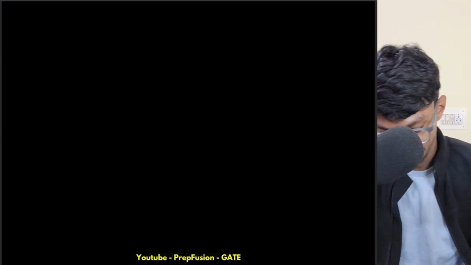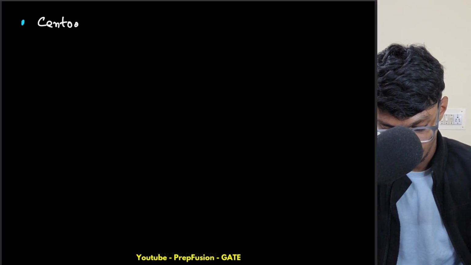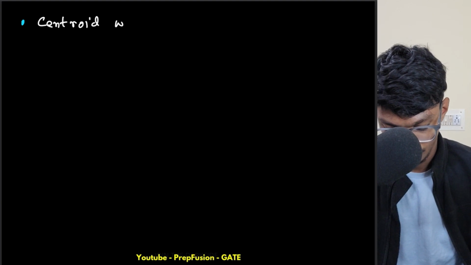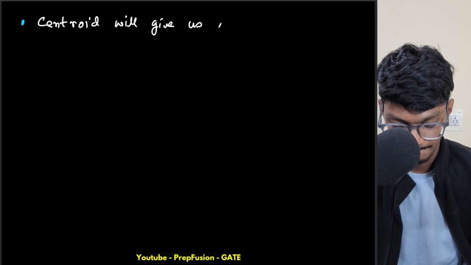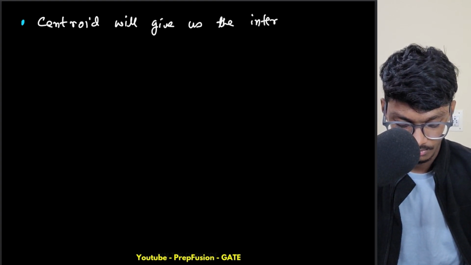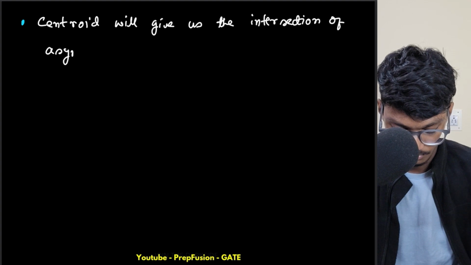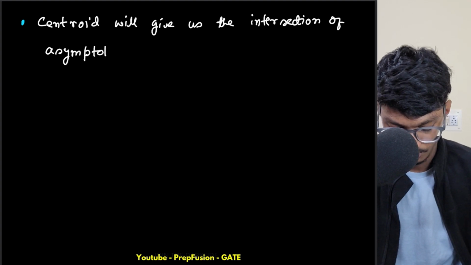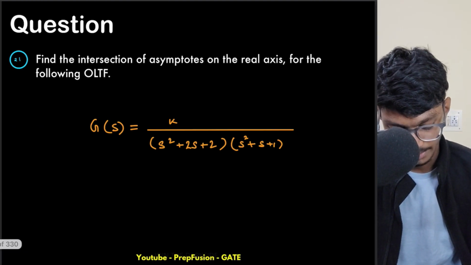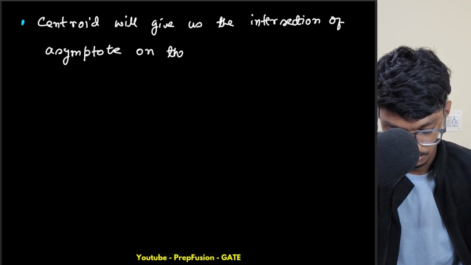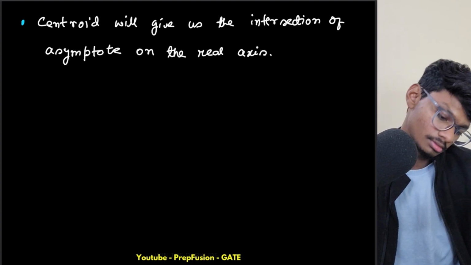Basically, the centroid will give us the intersection of asymptotes on the real axis.